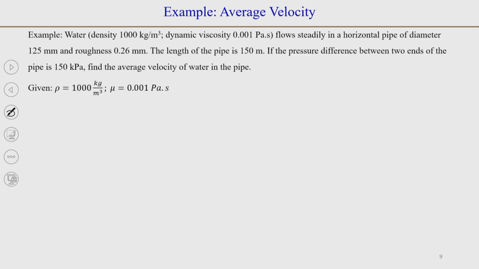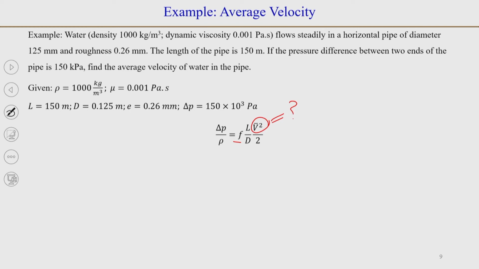So, what we will do is we will substitute the value of F is equal to 0.023 in the formula. So, we had this formula, and in this formula F is equal to 0.023, and we can calculate what is my V bar. So, when you substitute the values and calculate the value of V bar, it comes out to be 3.3 meters per second. Okay.